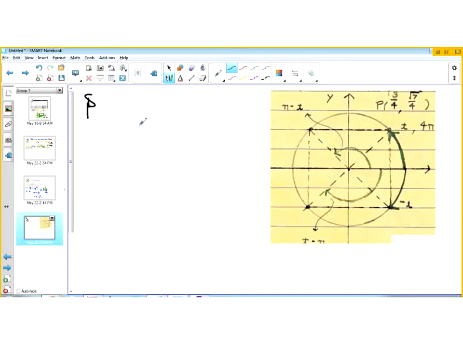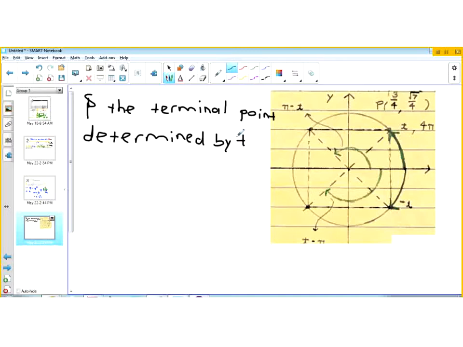Suppose the terminal point determined by t is the point 3/4, square root of 7/4.